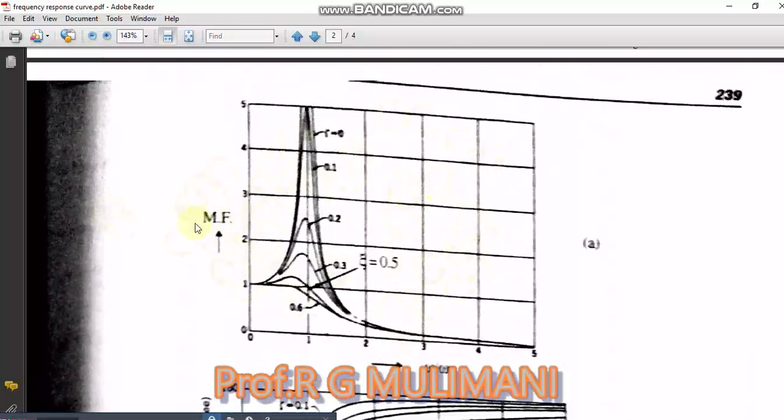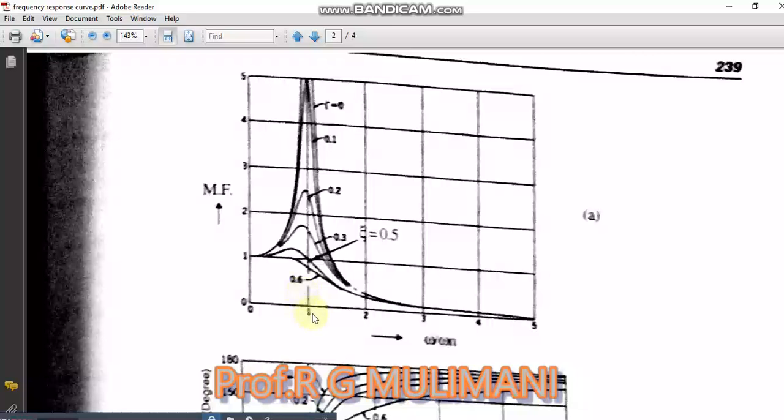This is the graph. By substituting different frequency ratio values and zeta values, we get this curve. This curve is called the frequency response curve.